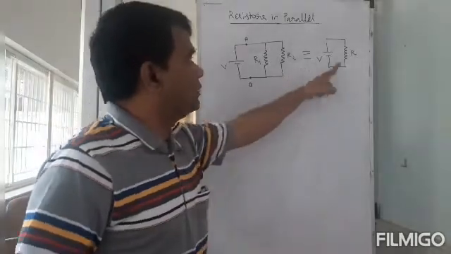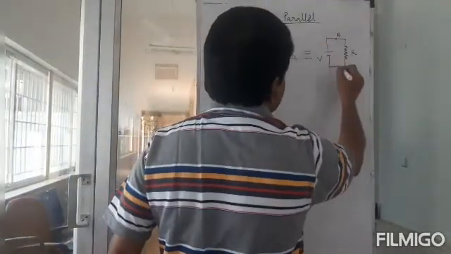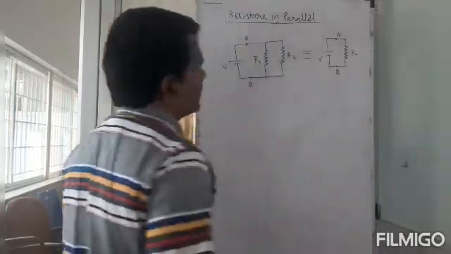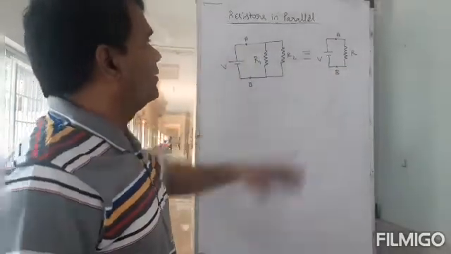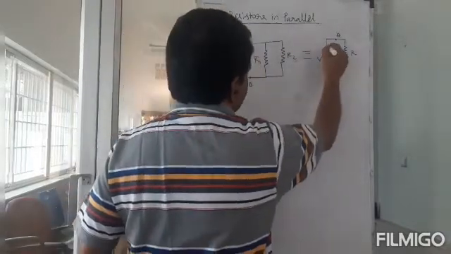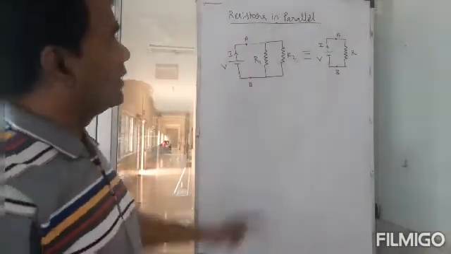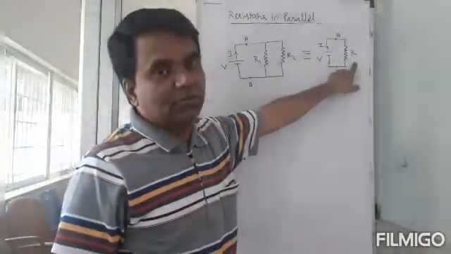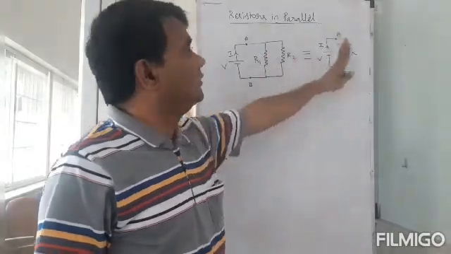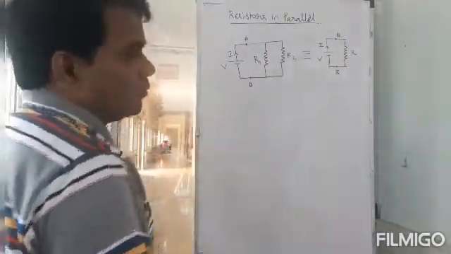I'm going to replace the 2 resistors with a single resistor, and this is going to be my A, this is going to be my B. When I do that, this battery should supply the same amount of current as it was supplying here. Then what should be the value of this? That is the equivalent resistance.